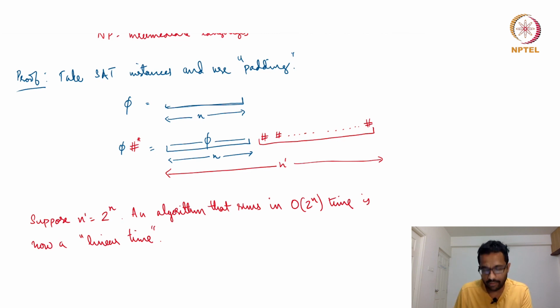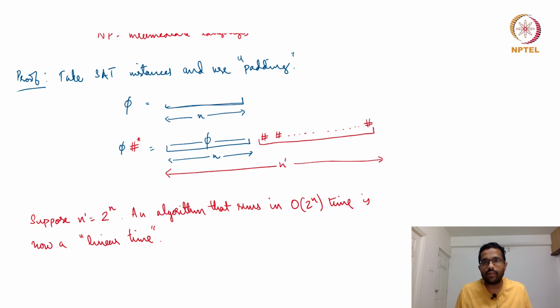By adding enough of these hashes, we can bring down the complexity of the problem, because complexity is measured in terms of the input length. By blowing up the representation length while keeping the inherent problem size the same, when measured as a function of the input length, the problem becomes linear time, or polynomial time.